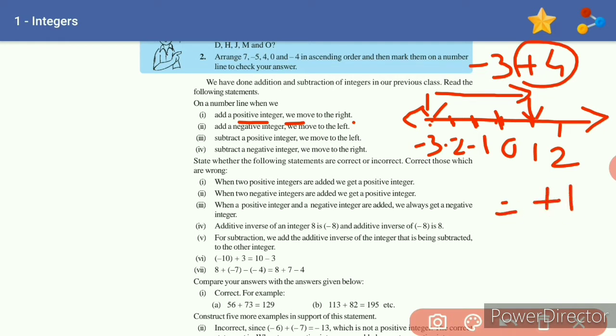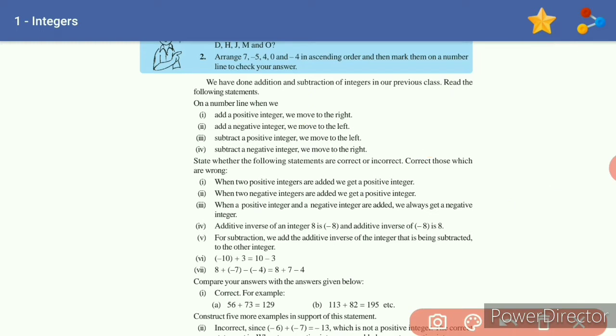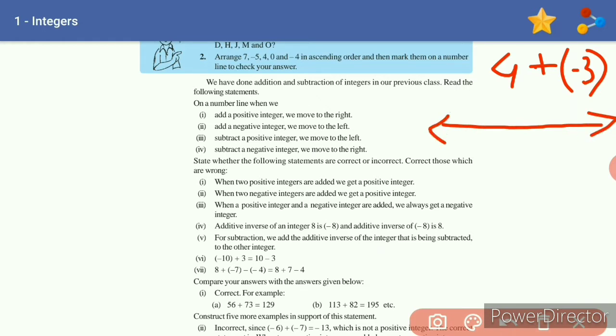Similarly, if we add a negative integer, we move to the left. Let us see an example. I want to add a negative integer, so 4 plus -3. Here I have 4, 3, 2, 1, 0, -1, and so on.